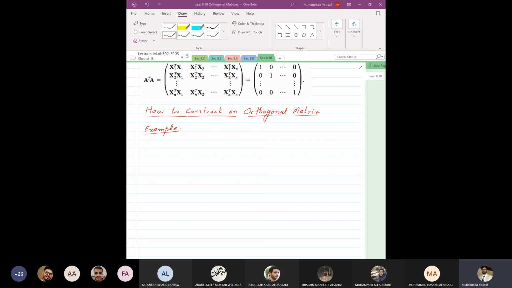Let us consider some example. And I will not completely do this example, just give you the idea. The matrix rows are 0, -1, 0; -1, -1, 1; 0, 1, 0.